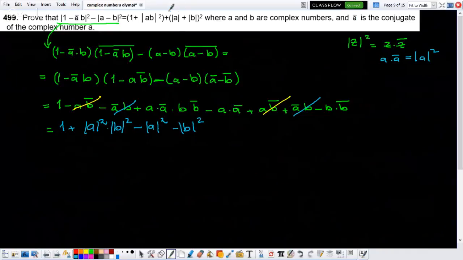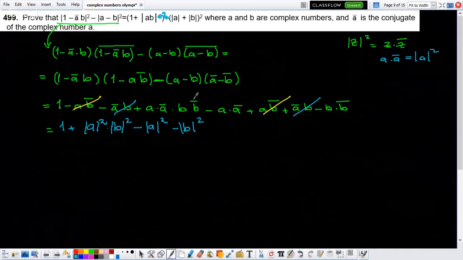Here the terms are with square, and for the second part, I think there is a mistake in the question. While I was writing the question, I think I wrote it wrongly. I think the square is outside here. Now I correct this part, okay? Because you cannot get this one otherwise.